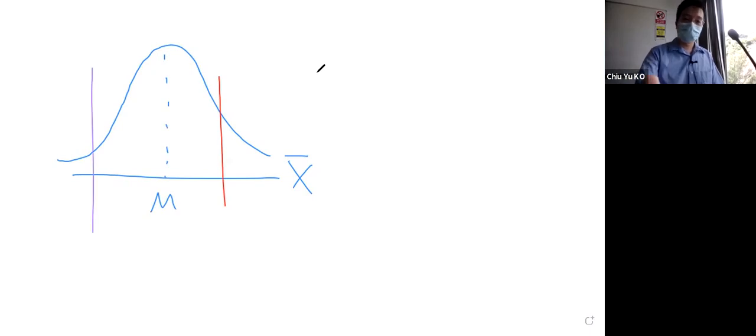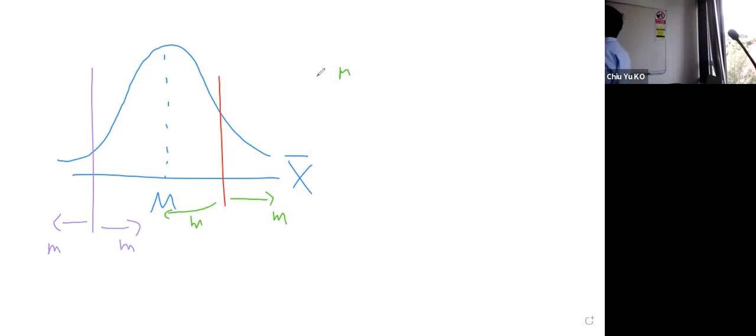What we want is, each time, a non-random interval of size M: we go right by M, go left by M. Each time we draw this, if here the mu is included, and if further away it is not included. Did I make myself clear?